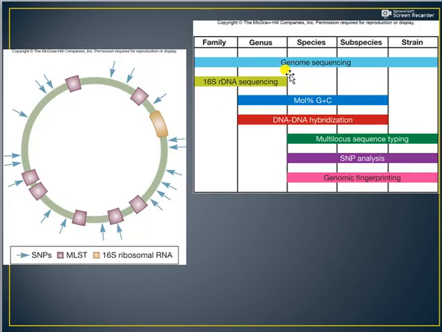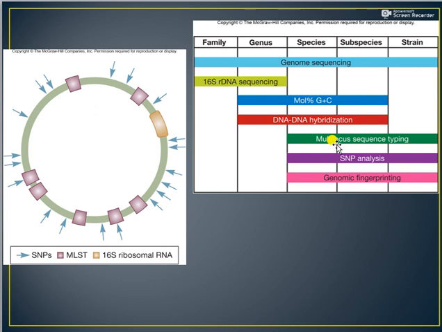If we take the different methods we considered over here and their relevance in taxonomy, you can see that if you do 16S rDNA sequencing, you can identify the bacteria up to the genus level. If you carry out the molecular percentage of G plus C content, genus, species, as well as subspecies level identification can be carried out.